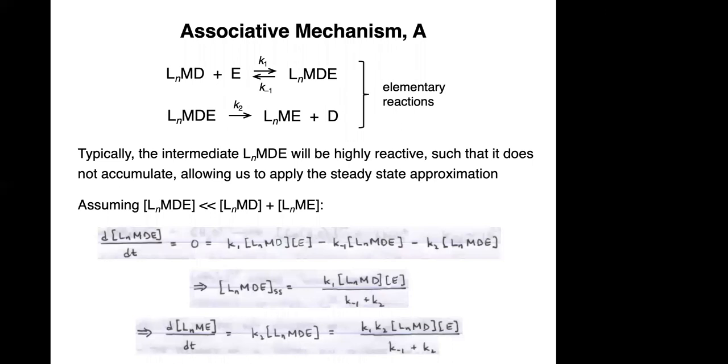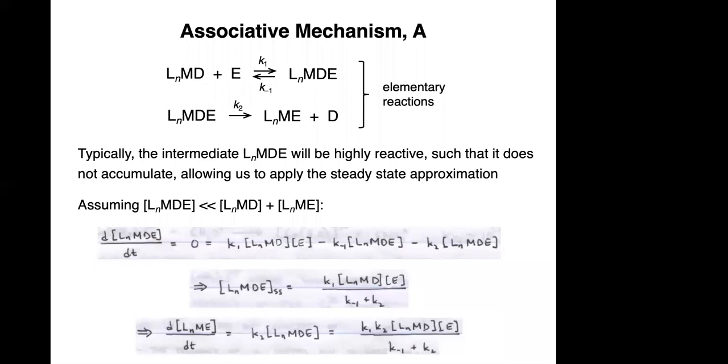Okay, so last time we'd looked at the mechanism where we would have an associative reaction. All right, so we were discussing an associative mechanism for a transition metal ligand substitution reaction.